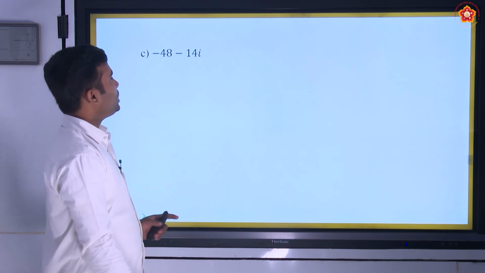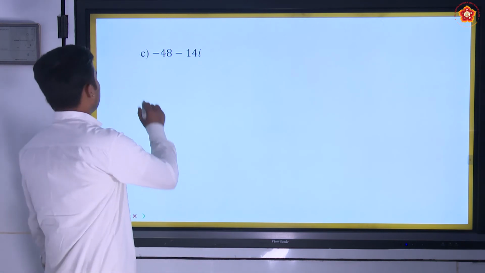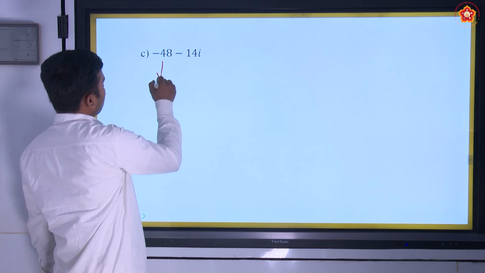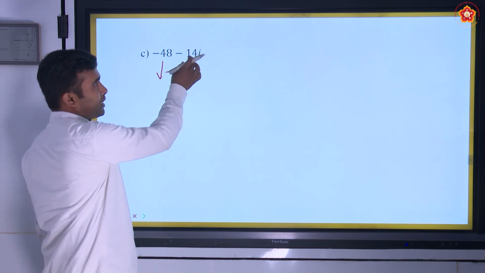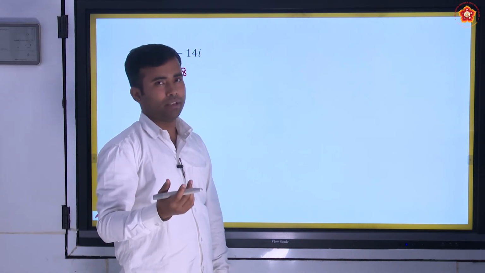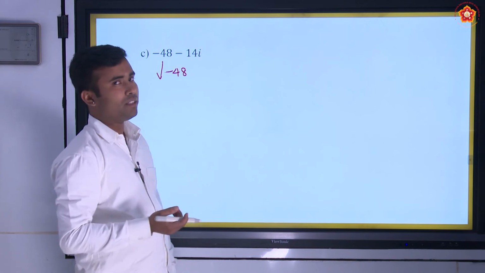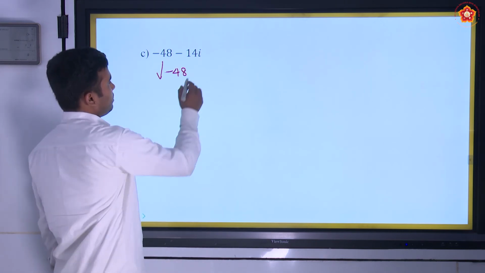Here, minus 48 minus 14i, we have to find its square root. For this I will write the square root of minus 48 minus 14i. Here you can observe the real part is negative, so the signs of a and b will differ, meaning we will get alternative signs.